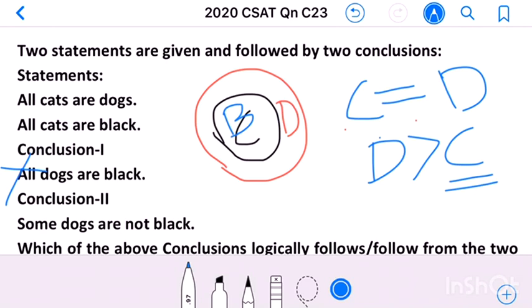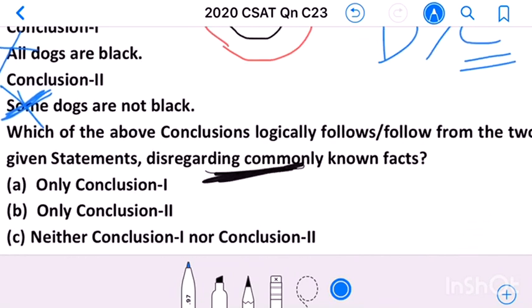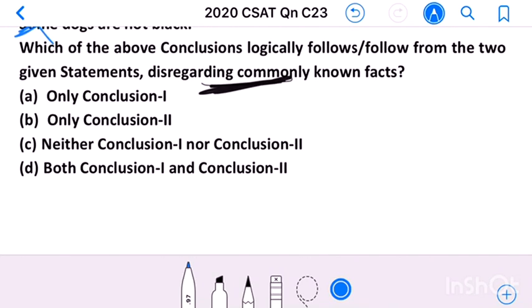In case the number of dogs is more than that of cats, then only those dogs which are cats are black, so some dogs are not black, we can say. So conclusion 2 also does not follow. Our answer is that neither conclusion 1 nor conclusion 2 follows from the statements.